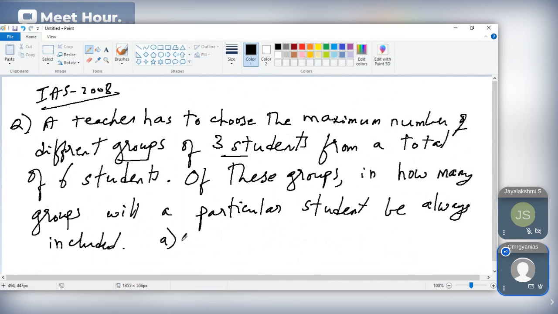Options I'll give you: 6, 8, 10, and 12. Is the previous answer option 12? Yeah, previous is 12.